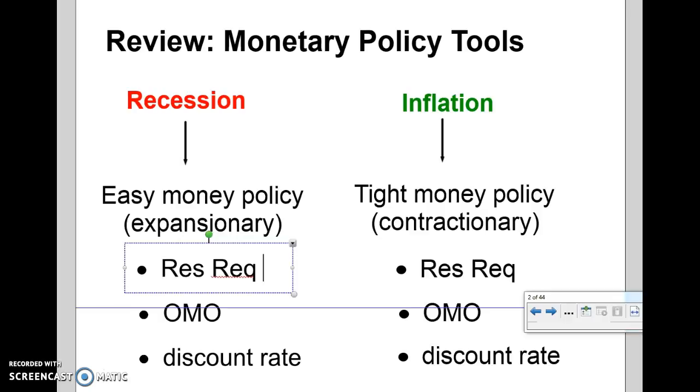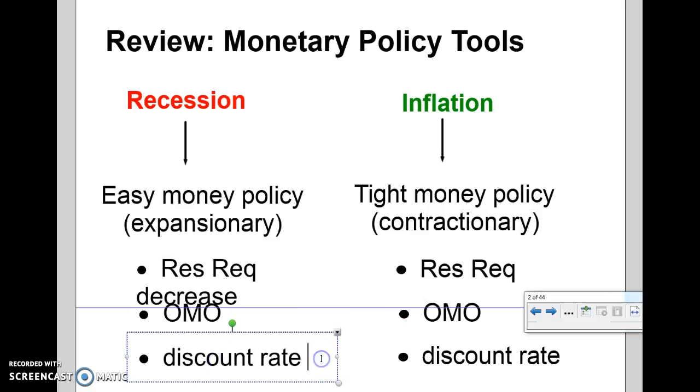And so our three tools are the reserve requirement, open market operations, and discount rate. And so reserve requirement, if we want an easy money policy and we want more of it out there, we want banks to hold on to less. So we would want the reserve requirement to decrease. Likewise, we would want the discount rate to also decrease.